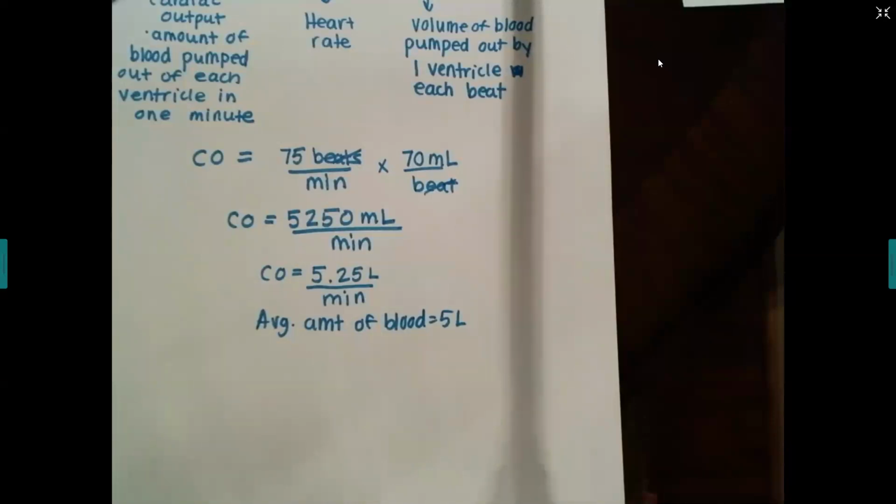Remember, we had the capacitance and reservoir vessels that held on to that blood and lazy rivered it back up to the inferior and superior vena cavas. So at any given time, we are circulating 5.25 liters per minute on average of blood, which is our cardiac output.